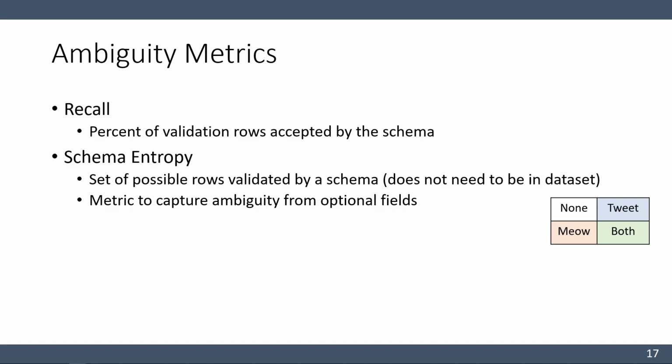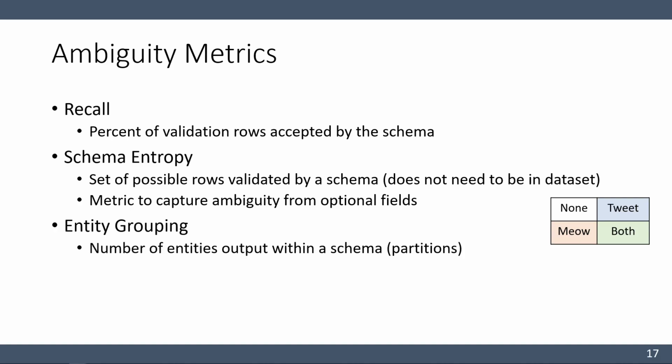Second, we define schema-level entropy or ambiguity. This is the total number of possible distinct rows which a schema would validate. For example, the schema produced from our Twitter Kidder example produces 4 possibilities from a single column renaming. Intuitively, the more possible worlds that the schema can occupy, the more ambiguous it is, which has implications for schema discovery as well as false positives.